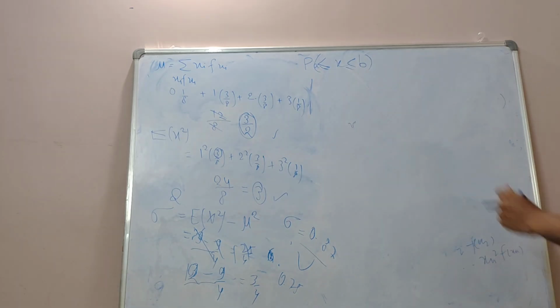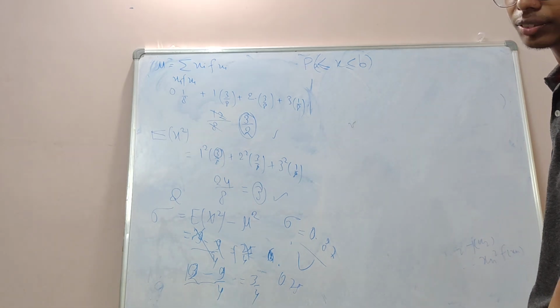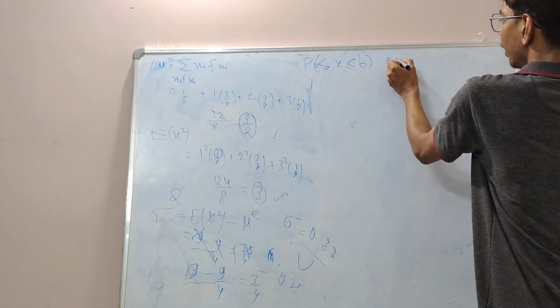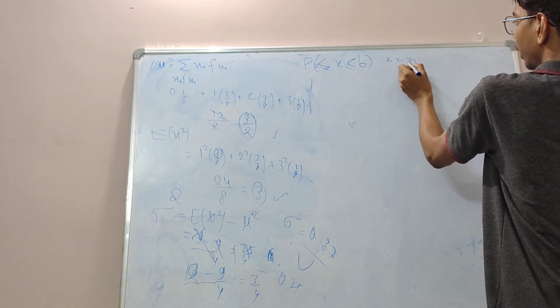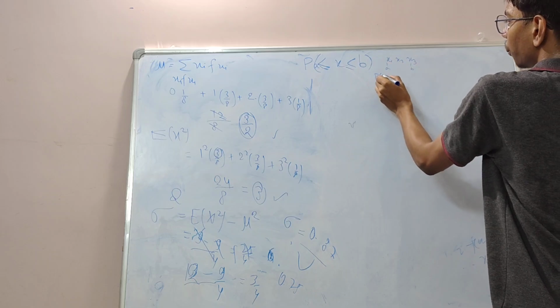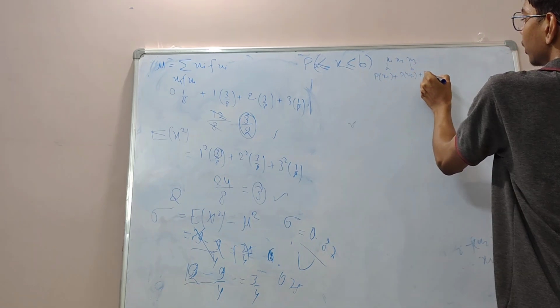So I will write this as, suppose there is a sum of probabilities for all x from A to B, right? So suppose I have x1, x2, x3 at A and B. So this will be probability of x1 plus probability of x2 plus probability of x3.